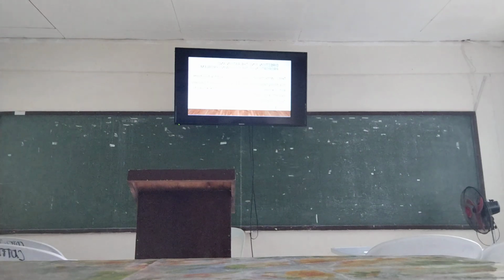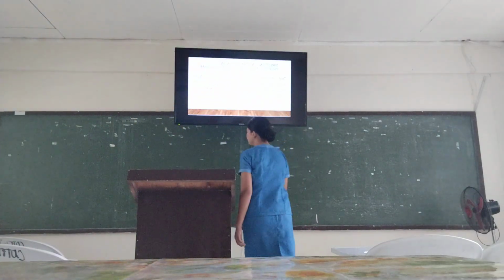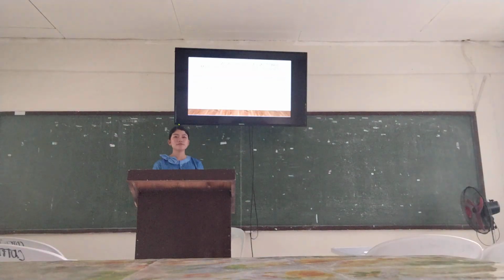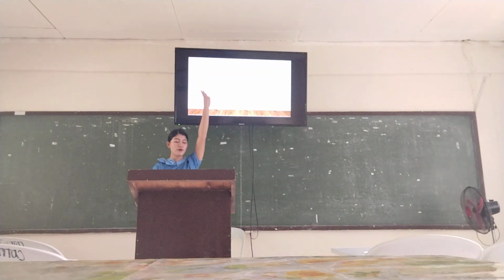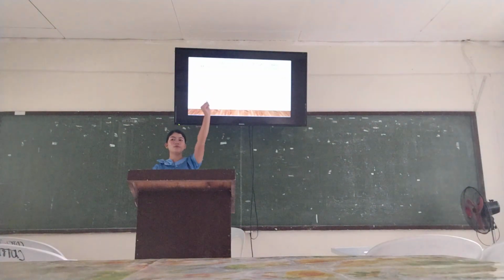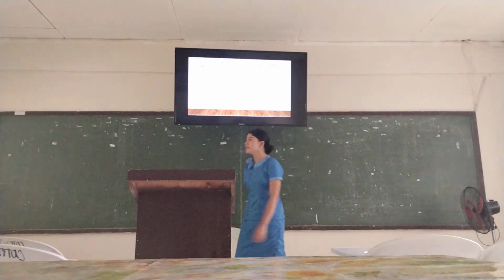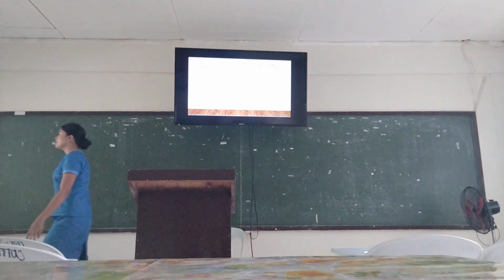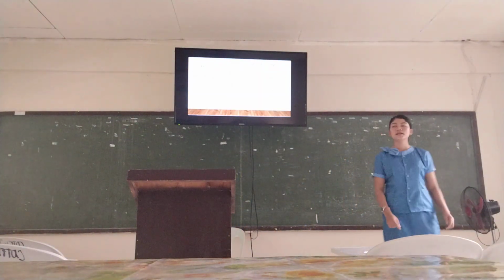This is the answer of Thor and Mark, correct? Okay, very good. Check your own papers. So who got perfect score? 4, 3, 2, 1. Okay, at the count of 10, please pass your papers here in front. 1, 2, 3, 4, 5, 6, 7, 8, 9, 10.